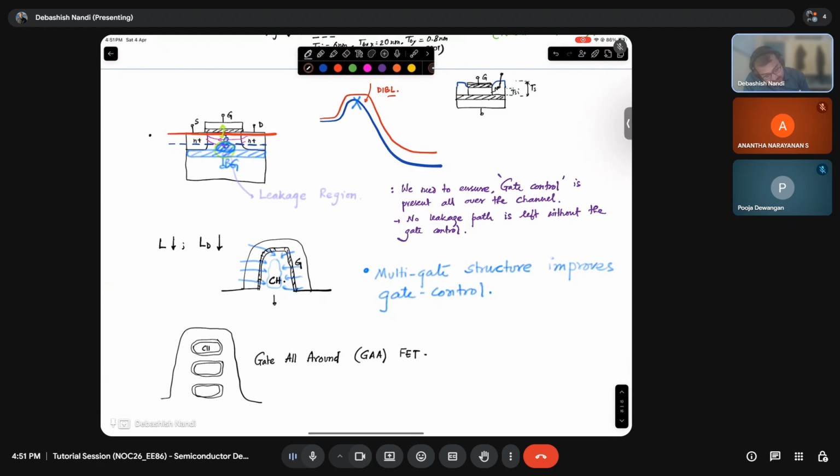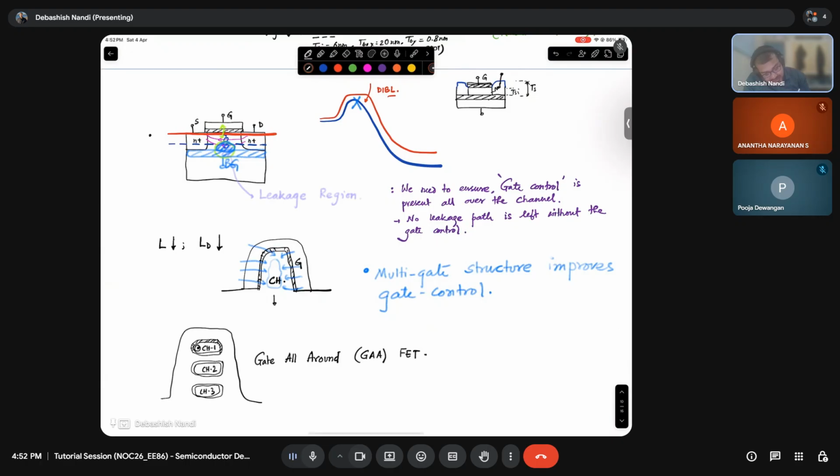So this is my channel 1, this is my channel 2, this is my channel 3. So source and drain is inside the screen or outside of the screen. So this is the direction of current flow, right?